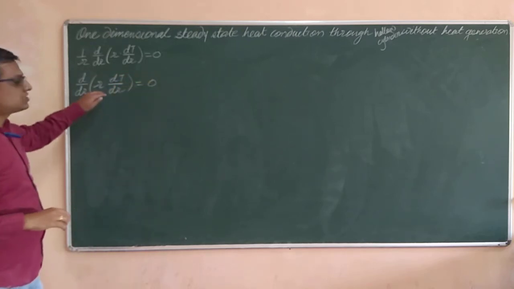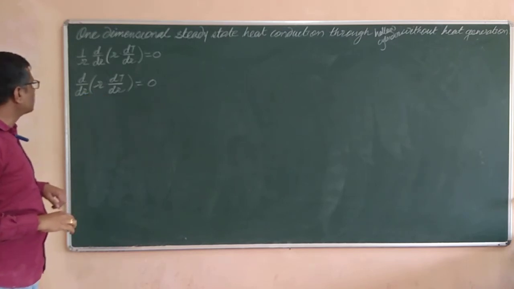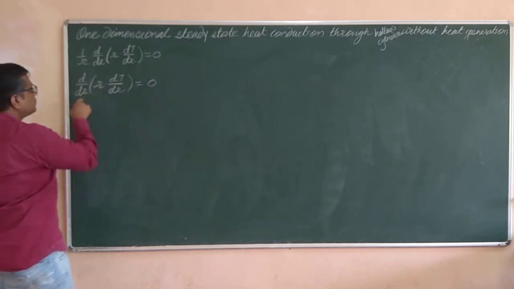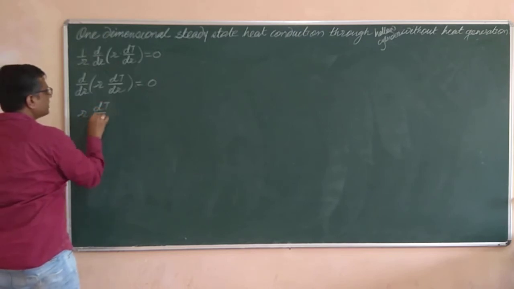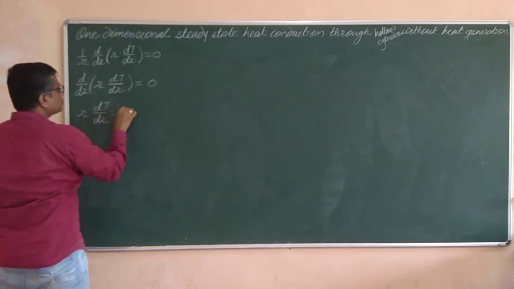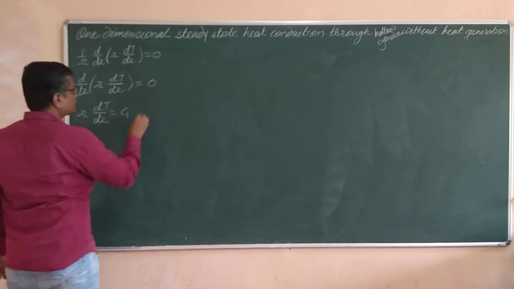So if I integrate this equation with respect to r, I will get one more equation, and that is, this term will be eliminated and it will be r into dT by dr is equal to a constant C1.